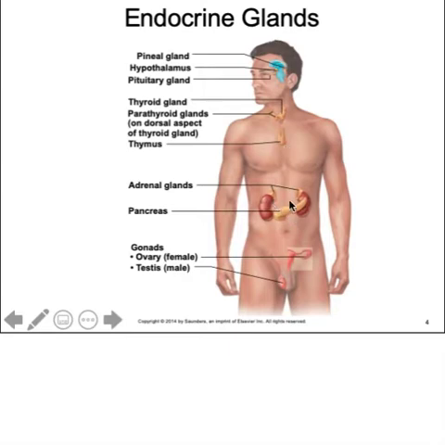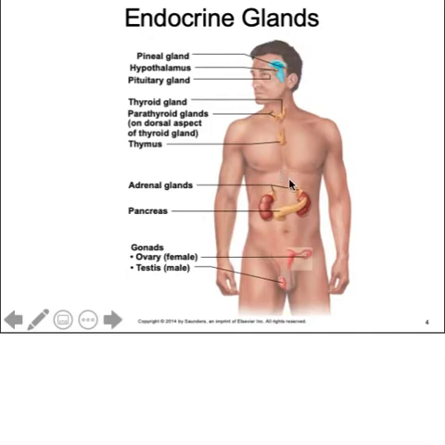The adrenal glands are really two glands in one. The adrenal medulla produces adrenaline, which is a hormone that's important in what we call the fight or flight response. The adrenal cortex produces hormones that control sodium and potassium balance, blood sugar levels, and also sex hormones.